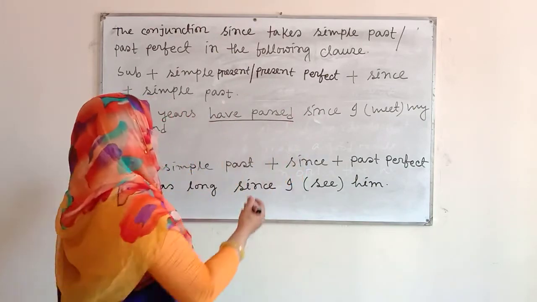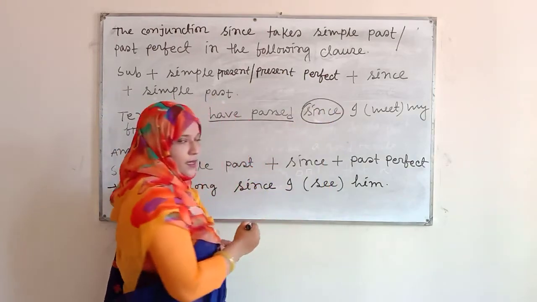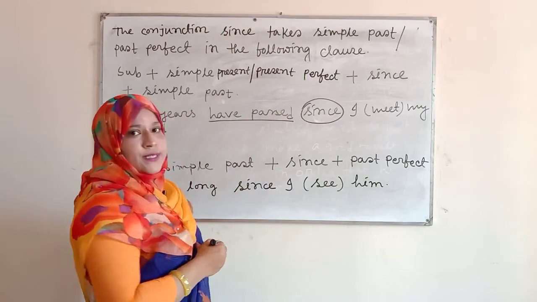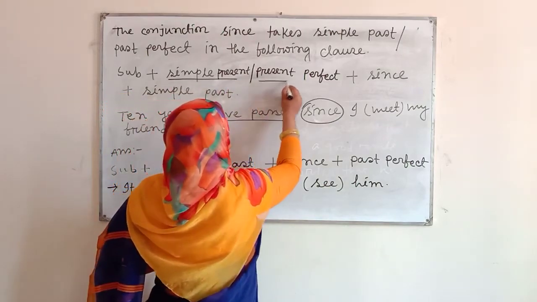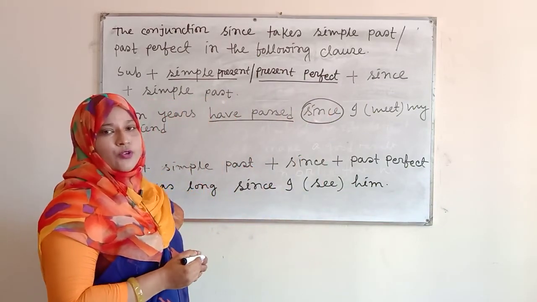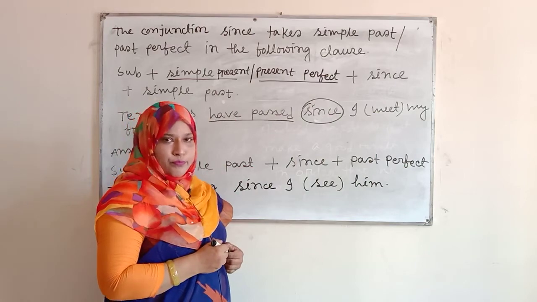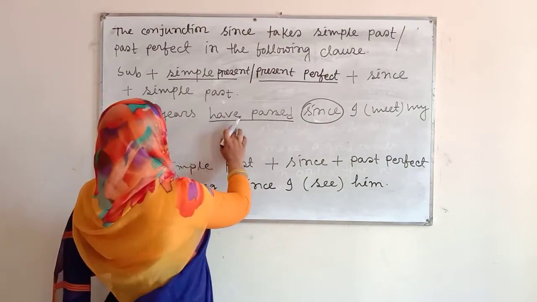Dear learners, যদি কোনো সেন্টেন্সে কনজাংশন since থাকে এবং since এর আগের অংশটা যদি simple present অথবা present perfect tense এ থাকে তাহলে পরের অংশটা হবে past indefinite tense. Look at the example.